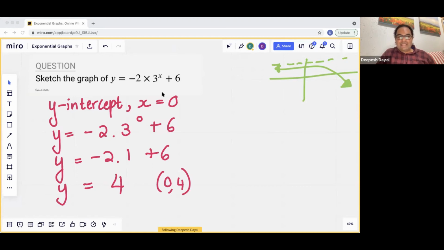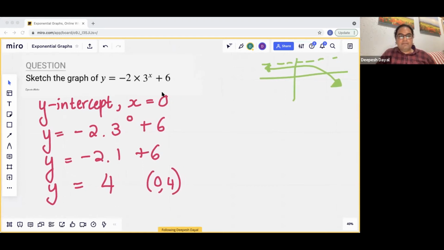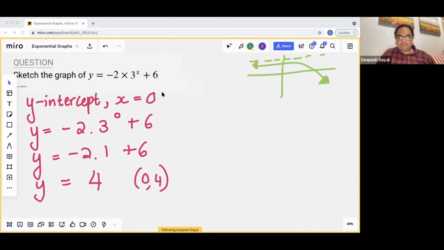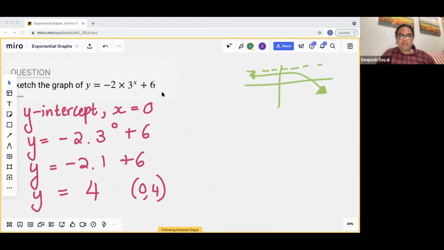Okay. And then we need to find the x-intercept, and at the x-intercept, y equals 0, right? So let's try that in a different color. So x-intercept, y equals 0.